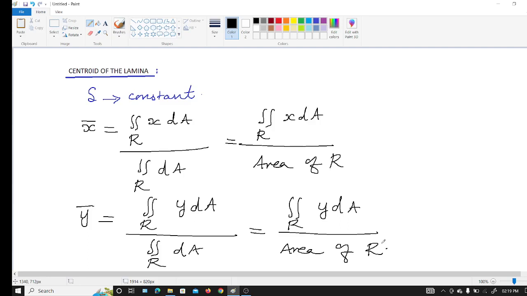Okay, now let us move to a problem for finding the centroid of a homogeneous lamina.